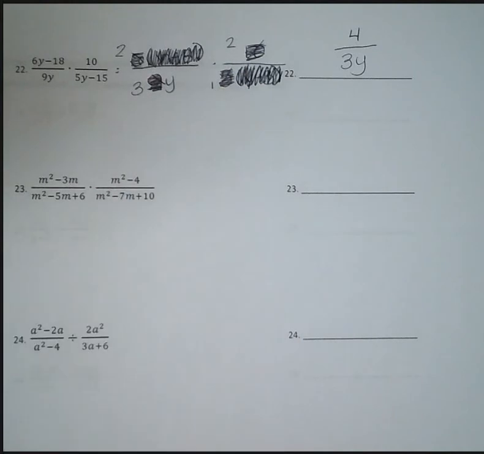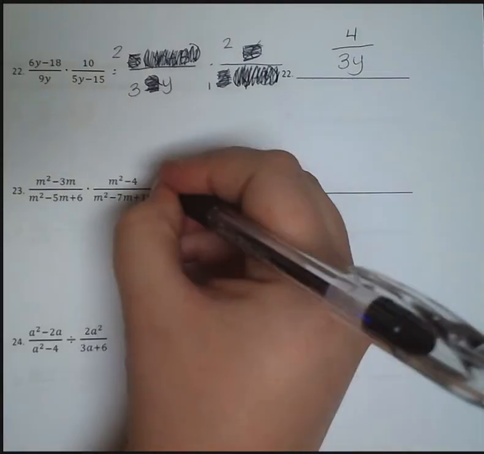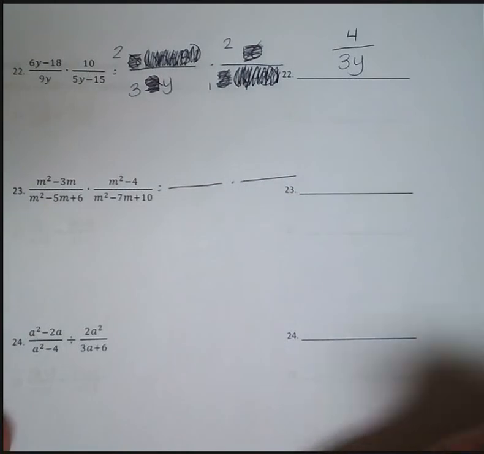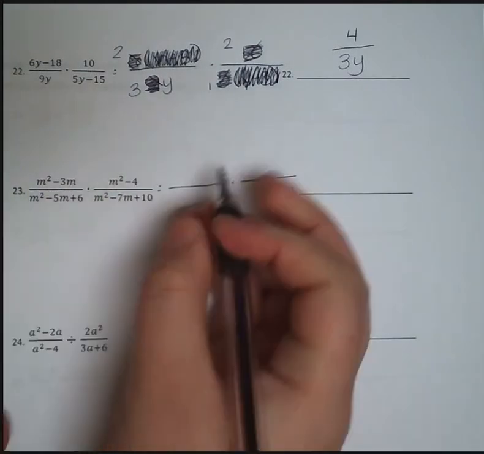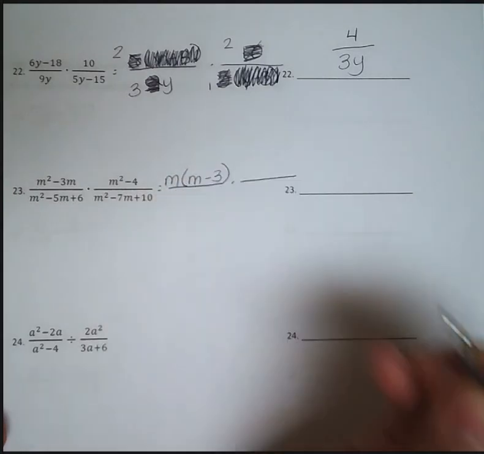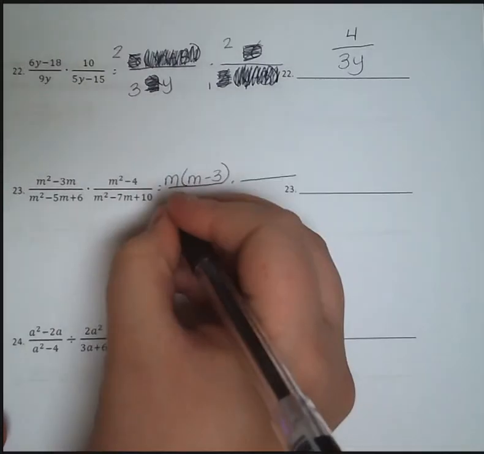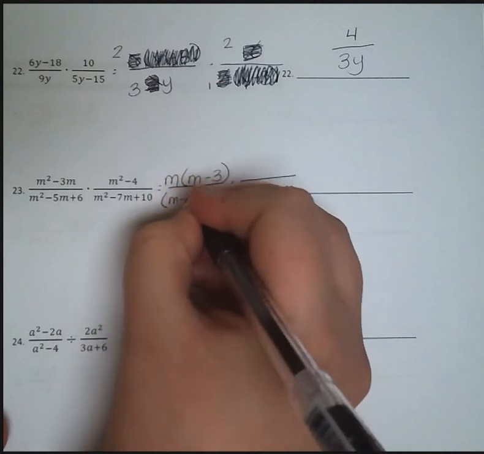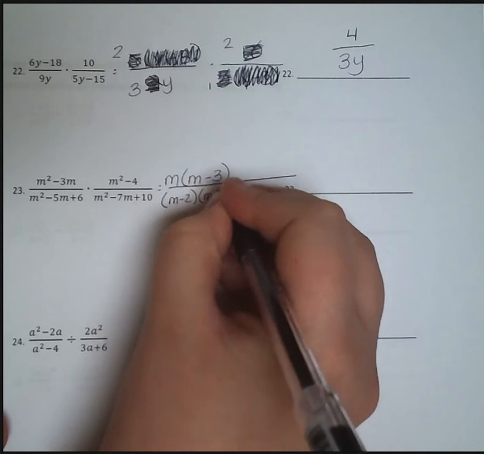So now, in number 23, I'm going to set up my new lines. I'm going to factor what I can. So here I can factor out an m, which leaves me with m minus 3. Here I can factor out to be an m minus 2, m minus 3.